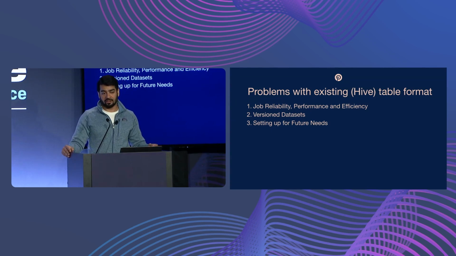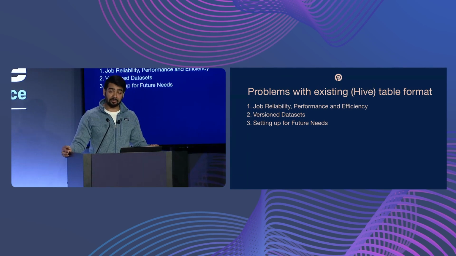With Hive, if you have your data stored on an object store like S3, your data can be directly accessed outside of your table definitions. So what can happen is, for example, if you are running a backfill, you are overriding your live data, right?